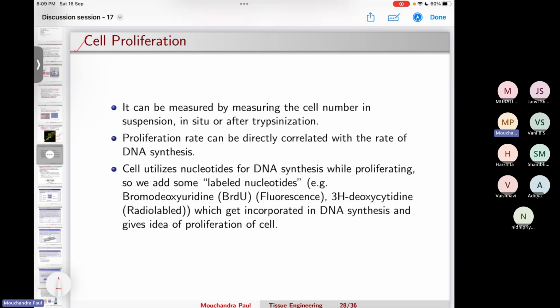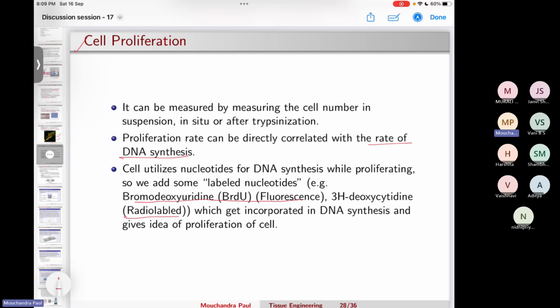So cell proliferation is correlated with the rate of DNA synthesis. Okay, it makes sense, right? In the cell cycle there is an S phase where the DNA content gets doubled. So we can use markers like fluorescent labeled nucleotides or radio labeled nucleotides, added into the cell media, so that the cells take them up and incorporate them into their DNA.